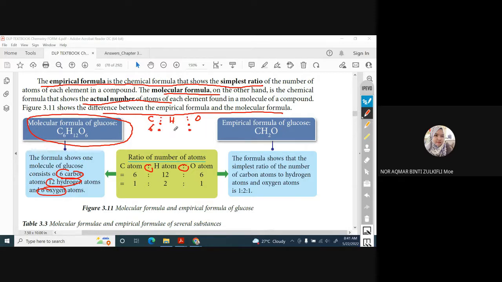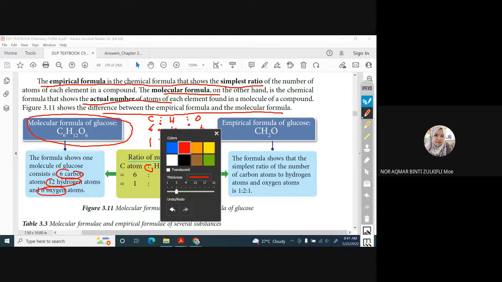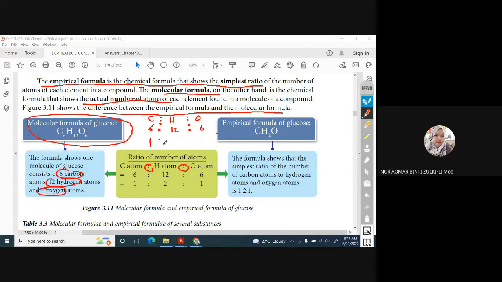So 6, 12, 6. And then if you divide by 6, contoh 6 ini bahagi dengan 6, so you can get the simple ratio is 1, right? But you must make sure you divide the smallest number from the given ratio. Let's say between 12 and 6, 6 is the smallest, right? So you must divide 6 for all number here.